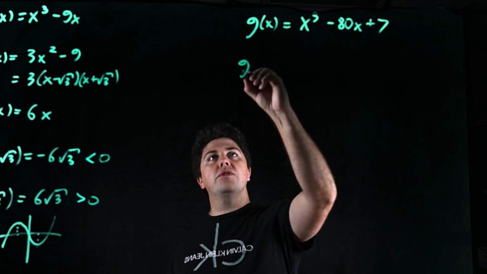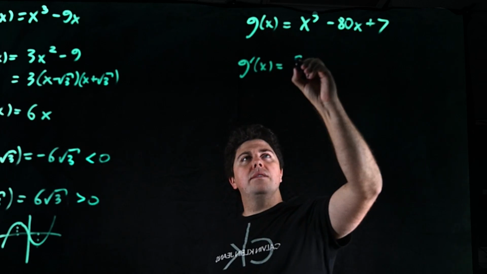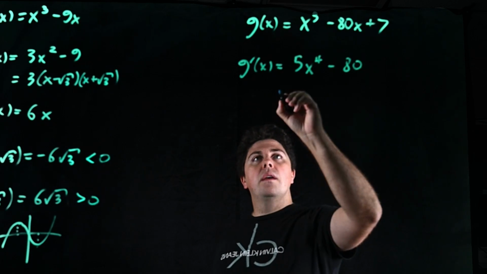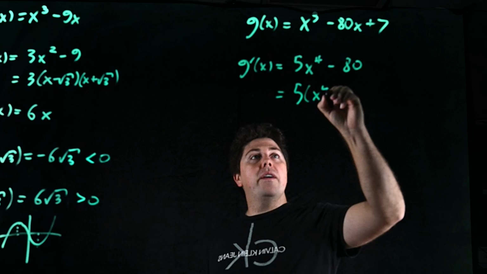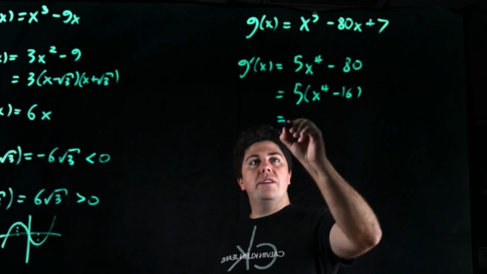What is the first derivative? The first derivative is 5x to the 4th minus 80. But with a little bit of factoring, we can see that this is 5 times x to the 4th minus 16. But this is a difference of squares.